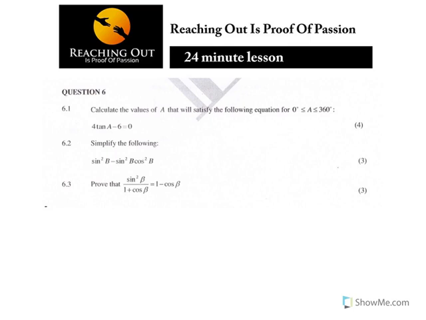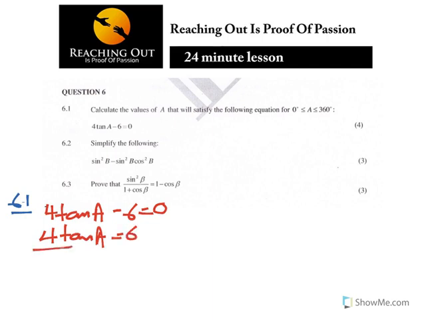If I can work 6.1 here, what I have is 4 tan a minus 6 is equal to 0. In other words, 4 tan a is equal to 6. Divide by 4 on both sides.